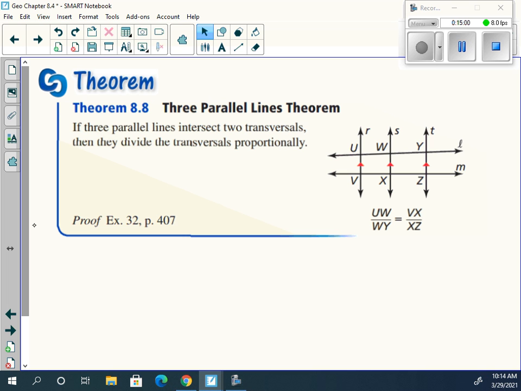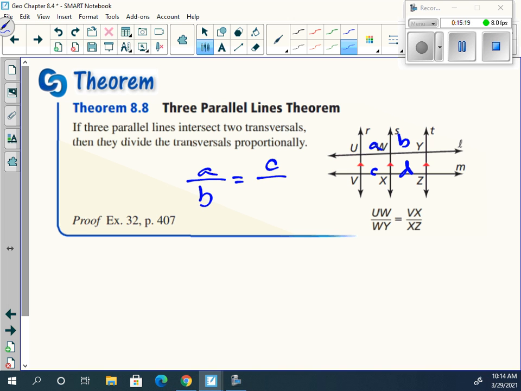So if we have three parallel lines cut by two transversals, the distance between those lines are going to be proportional to each other. So what we can say is that A over B is going to be the same as C over D. A, B, C, D are going to be proportional to each other, just like with the triangles.